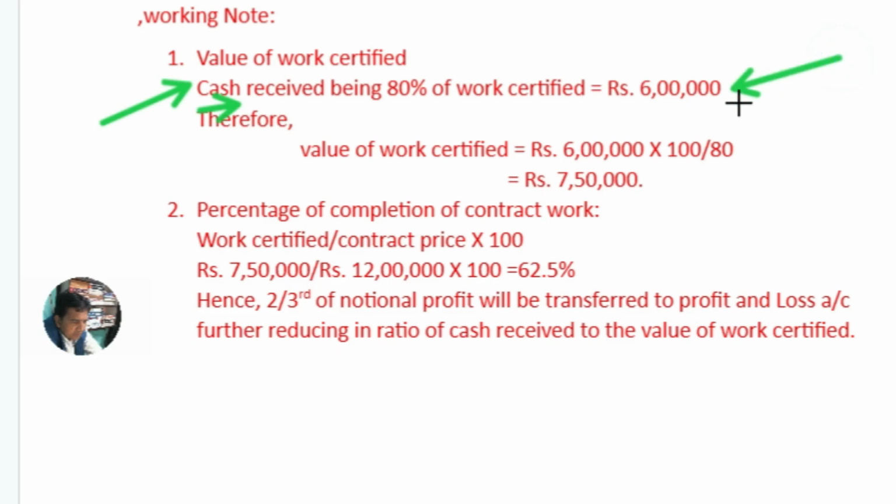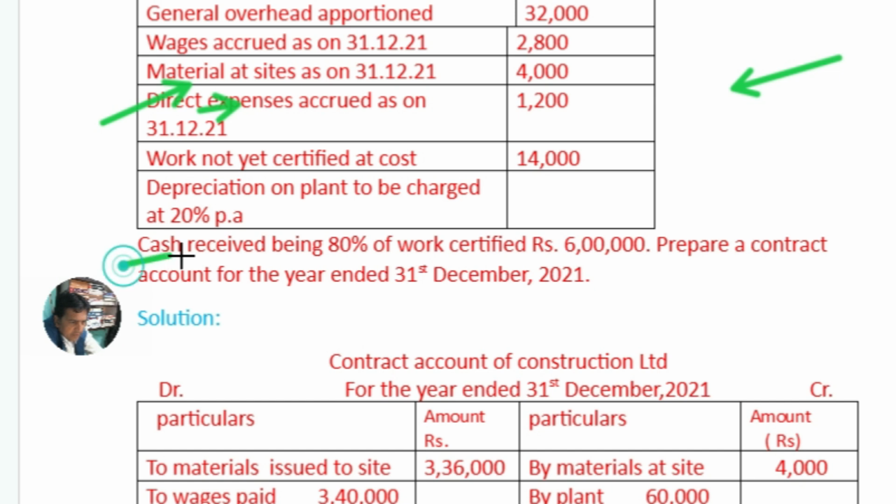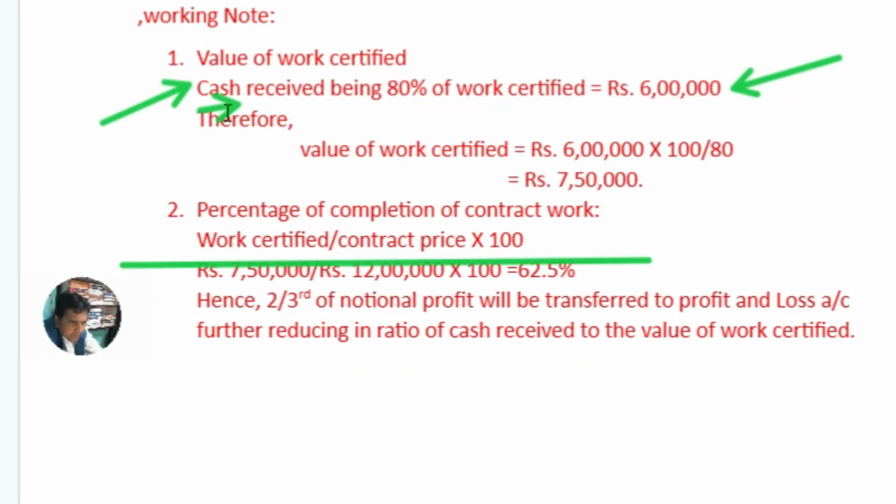This 6 lakh is the cash received, and in contract costing, the contractee does not pay the whole value of work certified by the architect or surveyor. So he always retains a certain amount.